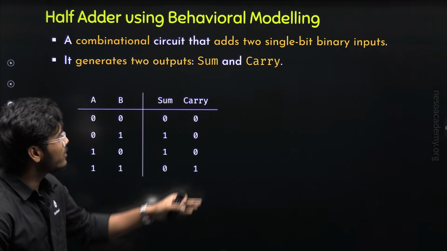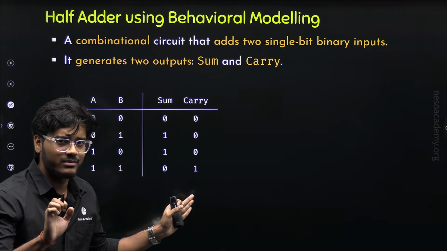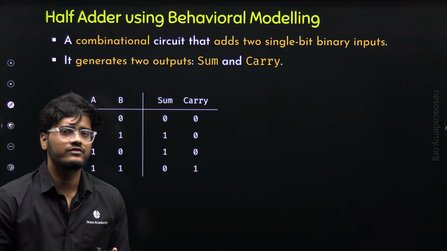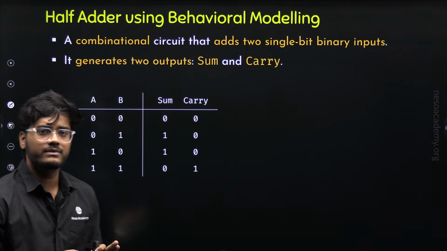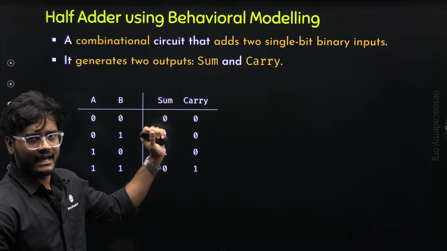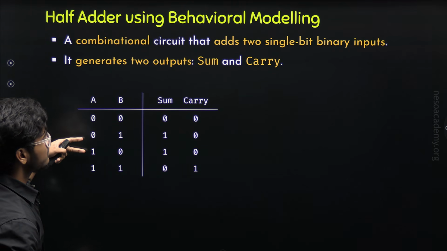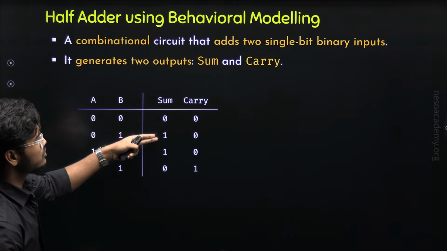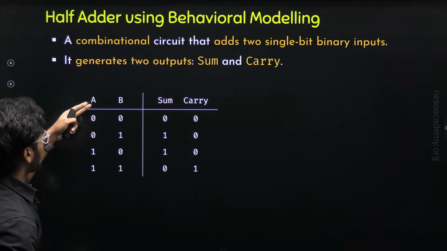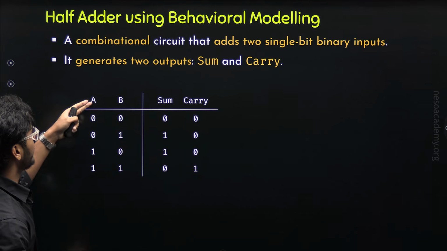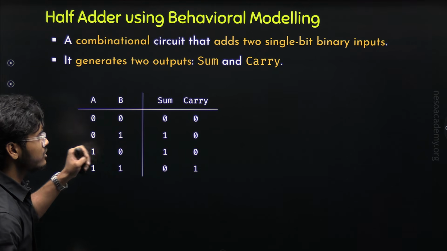So I hope you understand this truth table. Now, in order to generate the logic diagram, we need to find the Boolean expressions for sum and carry. For sum, look at these 2 input combinations when sum is equal to 1: when A is 0, B is 1, and when A is 1 and B is 0.